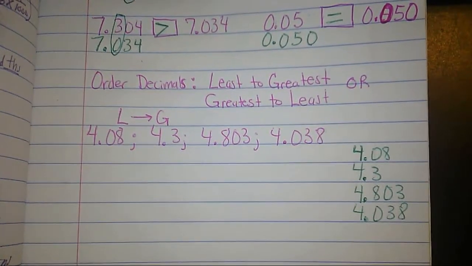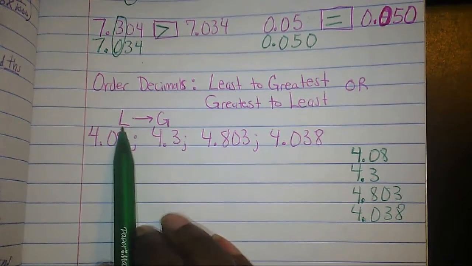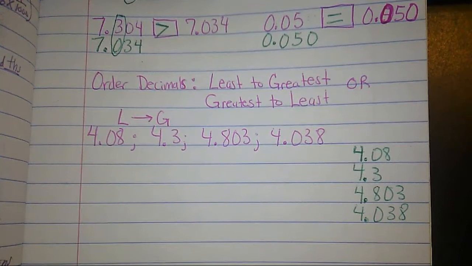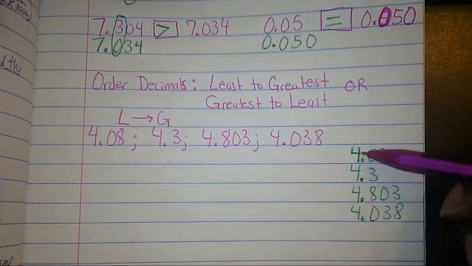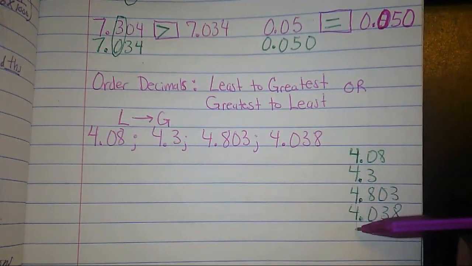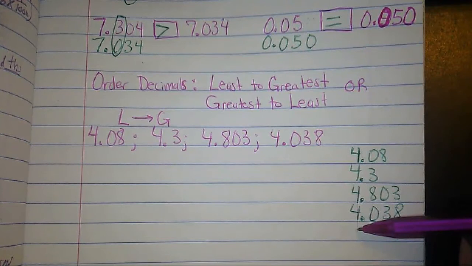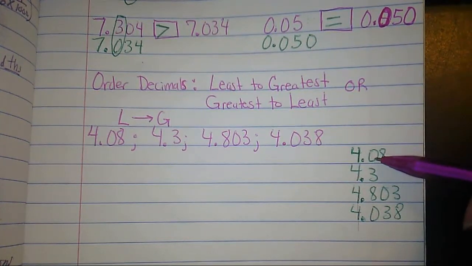The next thing that we're going to do is we're going to find which one is the smallest, because we need to go from least to greatest. So we're going to find the smallest decimal first. And so I compare. I look at all of my decimal places, starting with the largest place value. Ones place, all the same. Keep going. Tenths place, I need to stop here.